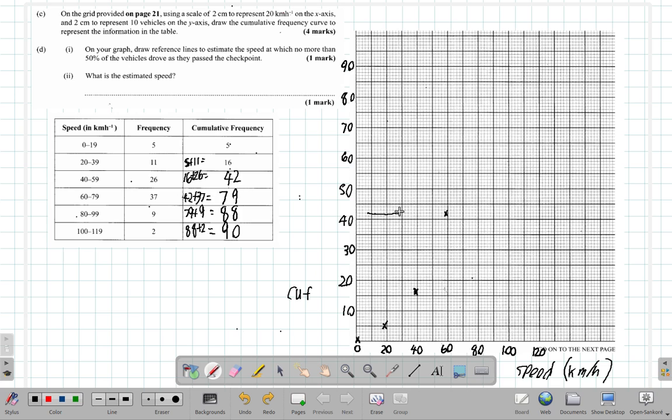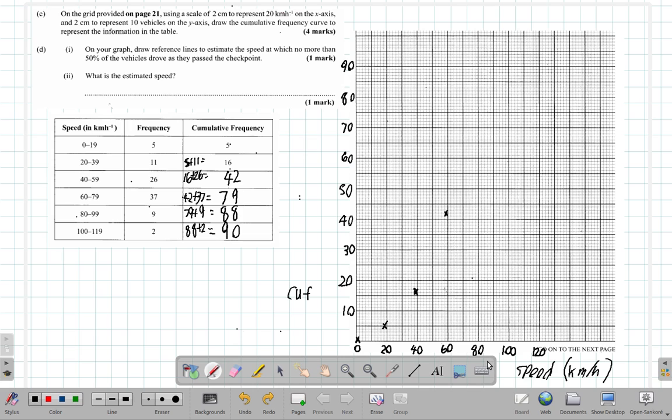Then 79. How high is 79? Goes up to 80 and just one notch down. I shouldn't have a problem locating it later on. I won't bother drawing a line to locate my 79 high. Should easily find it.